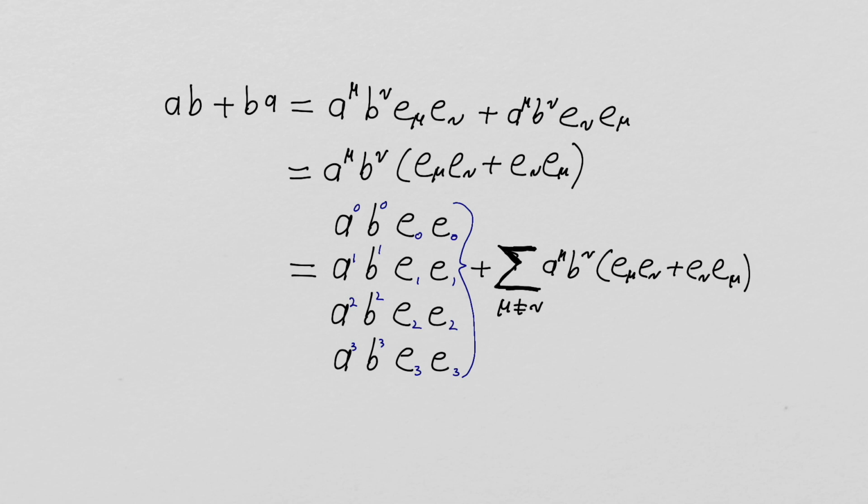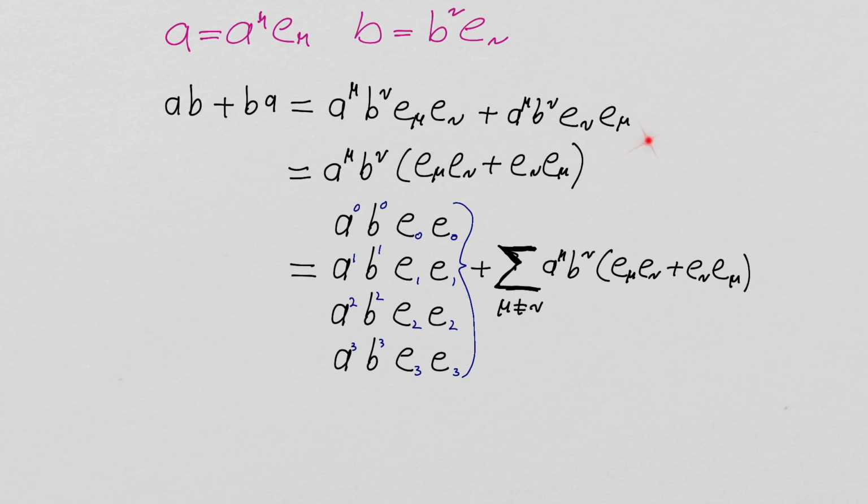And what we do is we assert straight up that A is A mu E mu, and B is B nu E nu. And once we've done that, we've chosen our basis, and we're using E, the basis, to be the one we just discussed. So we can create this symmetric product, the symmetric part of the product AB. Remember, this is twice the symmetric part of the spacetime product AB.